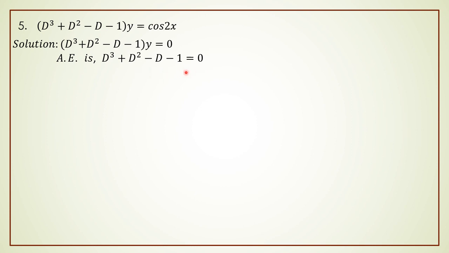As it is a cubic equation, you can easily get the roots using a calculator. The roots are minus 1 and 1. The calculator shows only two roots, which means one of the roots is repeating here.